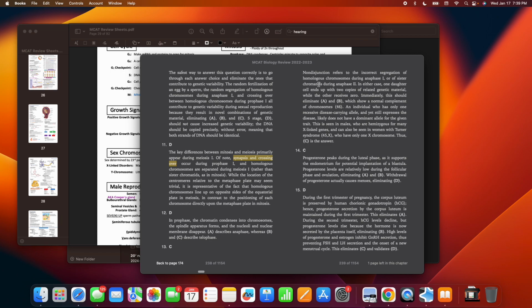Non-disjunction refers to the incorrect segregation of homologous chromosomes during anaphase 1 or of sister chromatids during anaphase 2. In either case, one daughter cell ends up with 2 copies of related genetic material while the other receives 0. Immediately, this should eliminate A and B, which show a normal complement of 46 chromosomes.